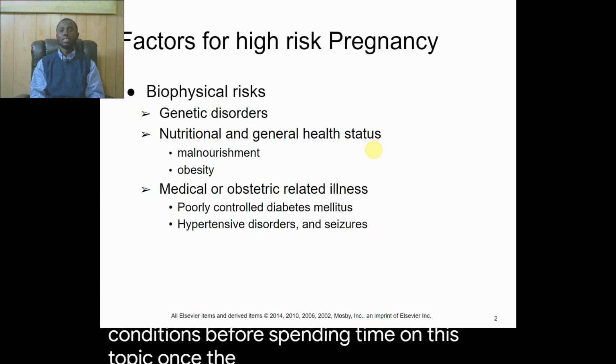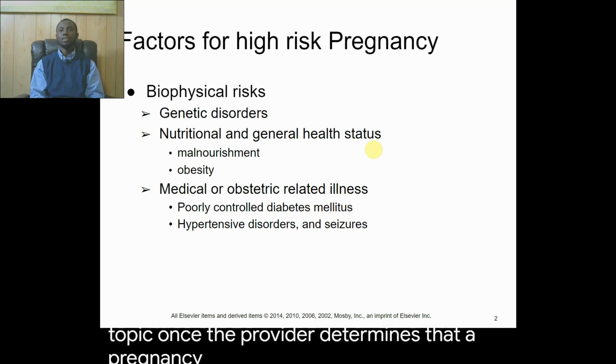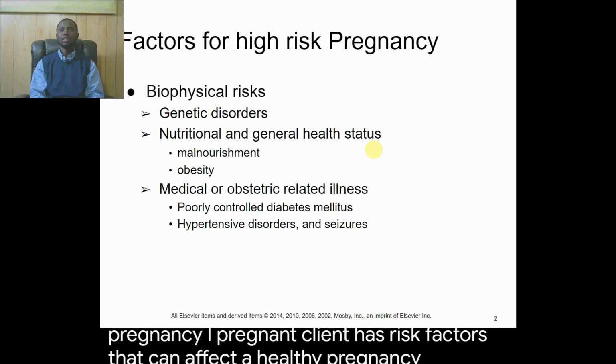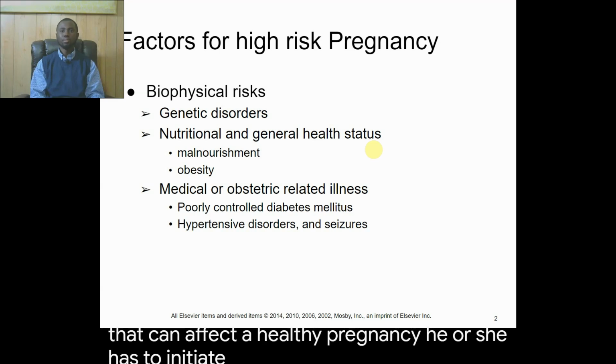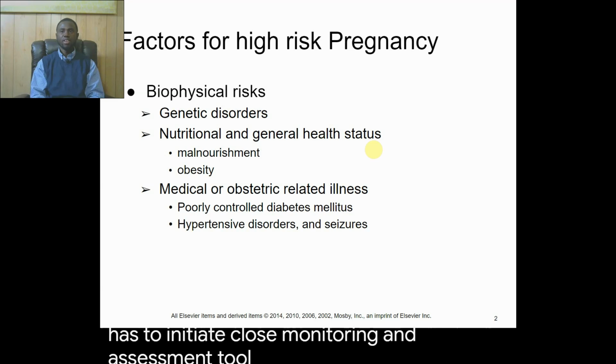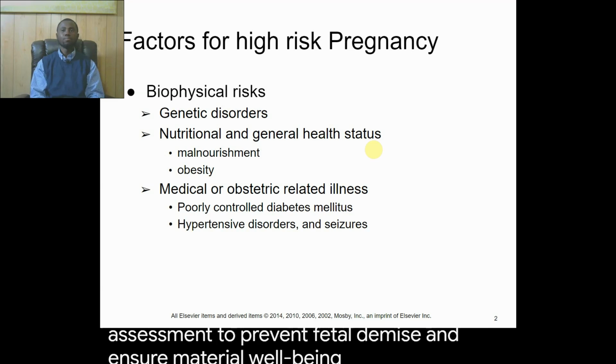Once a provider determines that a pregnancy or a pregnant client has risk factors that can affect a healthy pregnancy, he or she has to initiate close monitoring and assessment to prevent fetal demise and ensure maternal well-being.